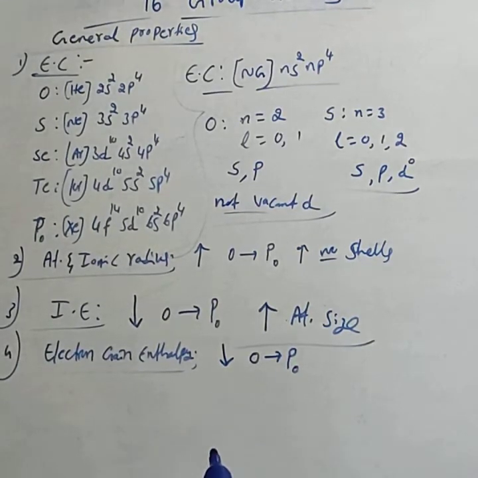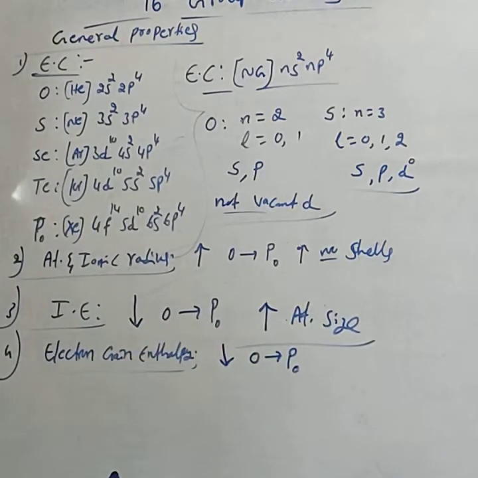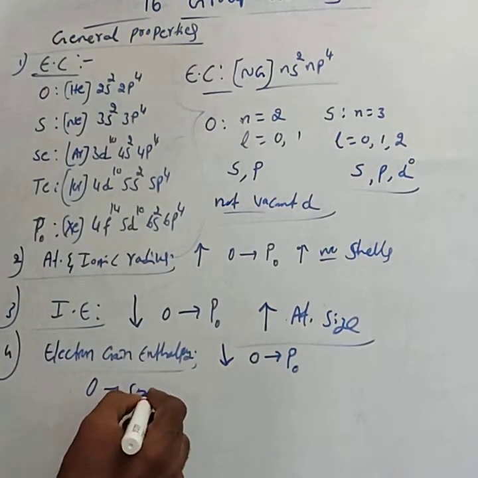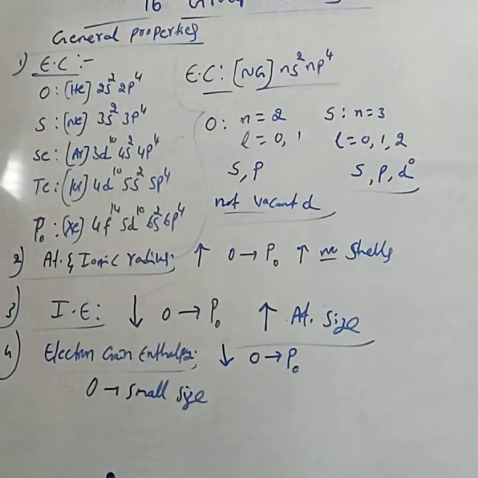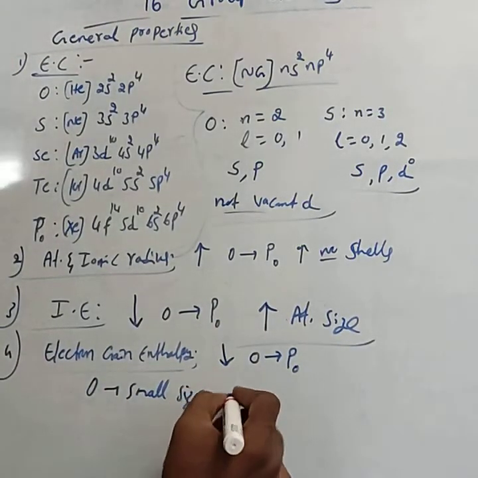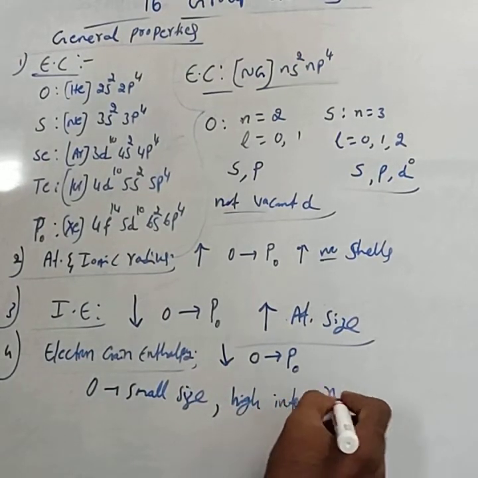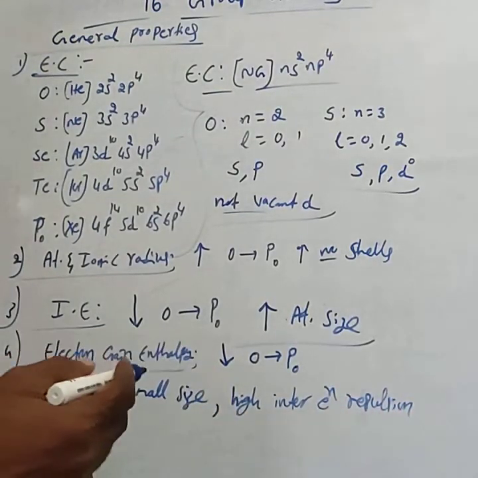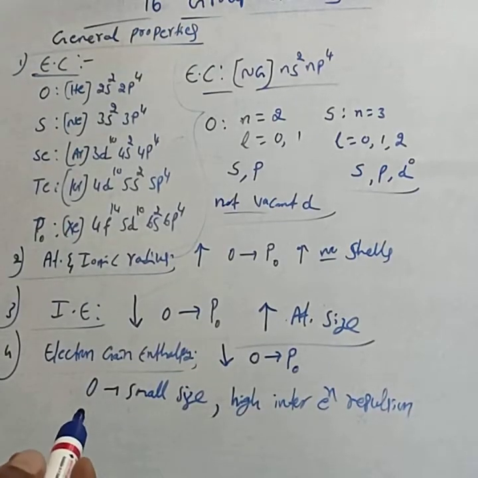Here is one exception: the oxygen atom shows a very high electron gain enthalpy, but the oxygen atom has a small size. Due to the small size of the oxygen atom, there arises a high inter-electron repulsion.